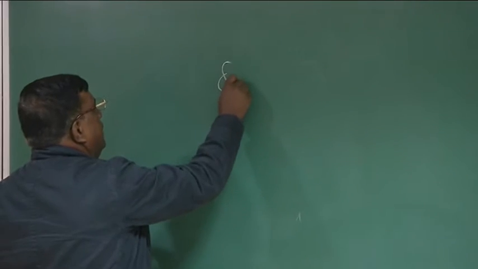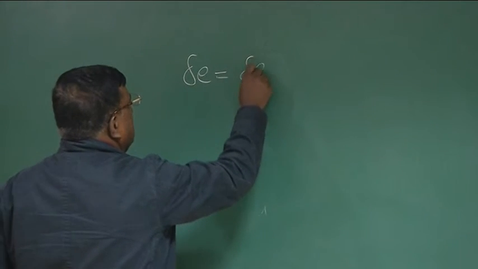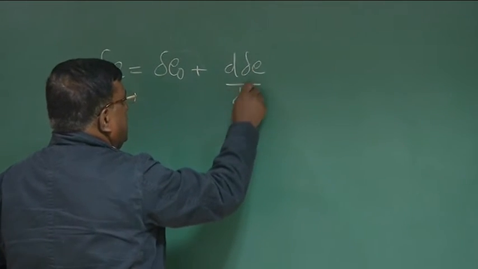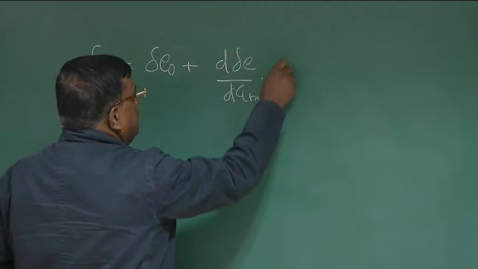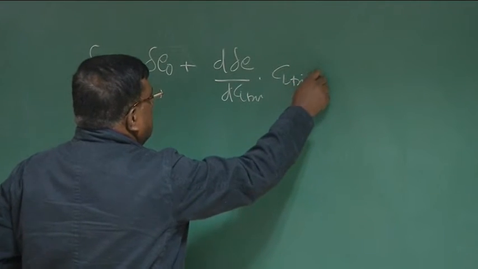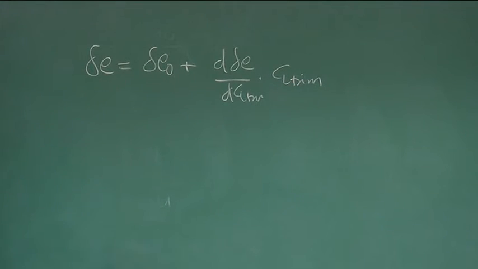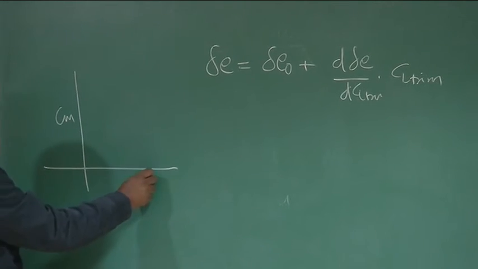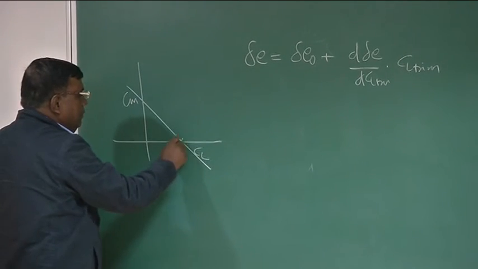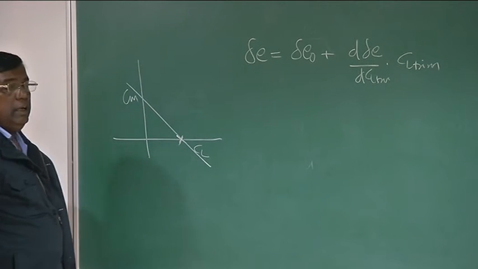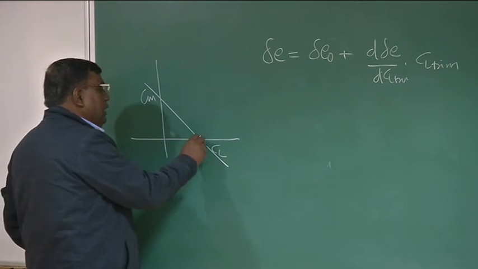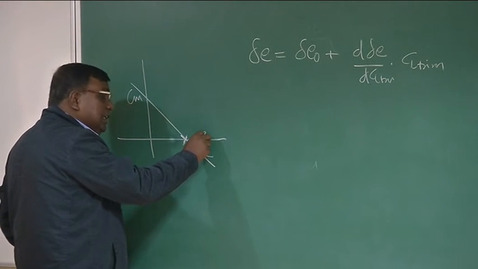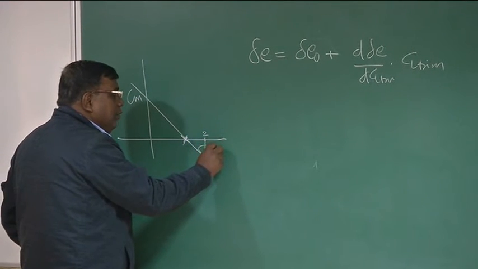The second phase we did was delta E equal to delta E naught plus d delta E by dCL trim into CL trim. What was this? We recall that if this is CM and this is CL, if the airplane is trimmed here, now you want to fly the airplane at a different CL here, let's say CL2. Because it is statically stable, it will generate a negative pitching moment.